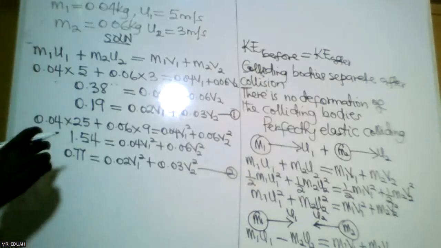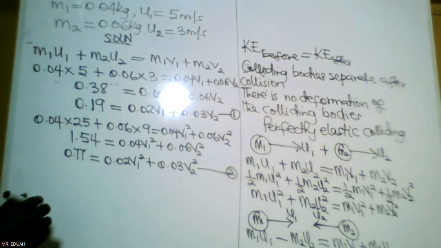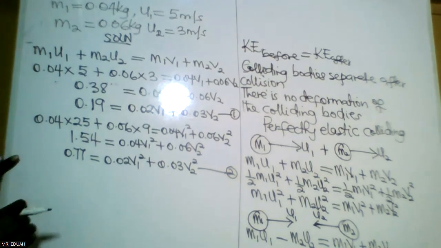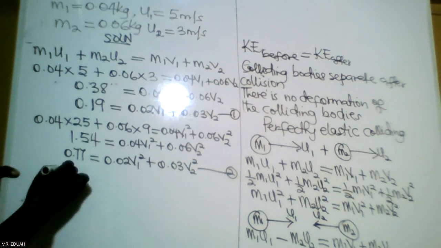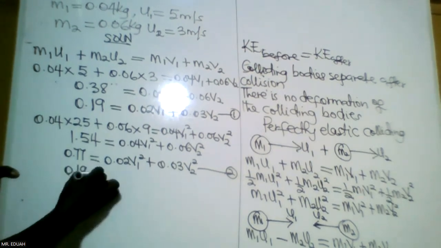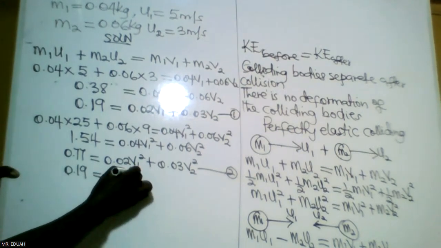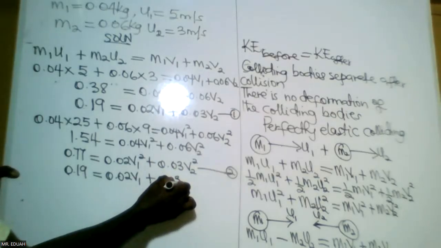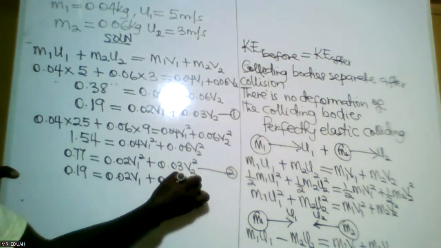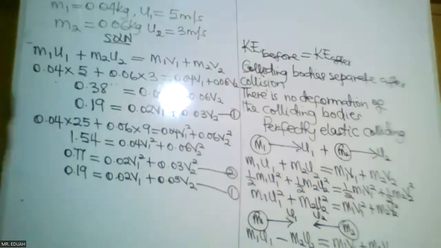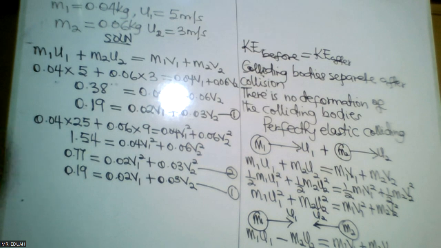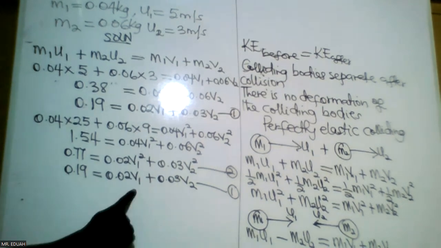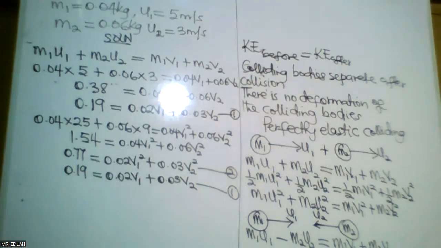So you solve equation 1 and equation 2 simultaneously. Okay. So let's bring equation 1. You solve these two simultaneously. How would you solve this equation? The best you can do is make either V1 or V2 the subject and substitute into this.